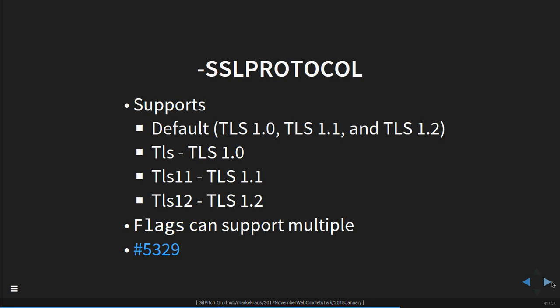It basically allows you to select the TLS version that you're going to use. So you can limit it. Some security requirements require that all communications only be done over 1.1 or 1.2, because 1.0 is not as secure anymore. 1.1 is falling off that list as well, and 1.2 is considered secure now.